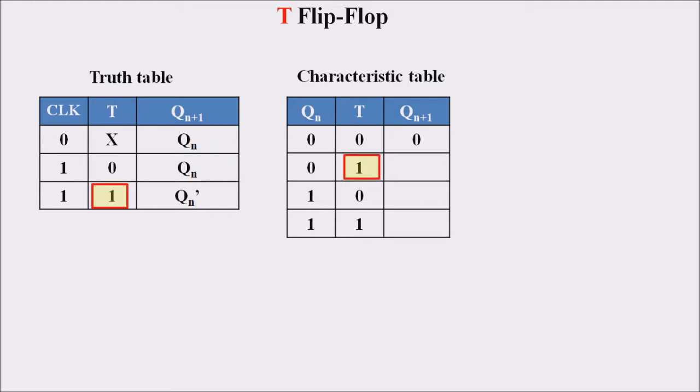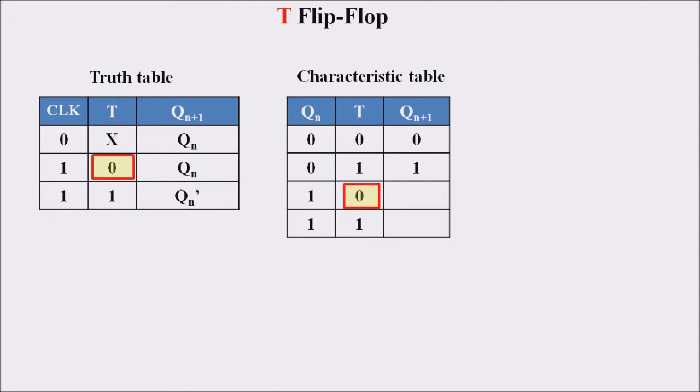And if we are giving an input T as 1, then analyze the truth table here. If the input is 1, then the output is Qn complement, that is if we are getting an input of T equal to 1 in the characteristic table and Qn as 0, then the output will be Qn complement. Here 0 complement results in an output of 1.